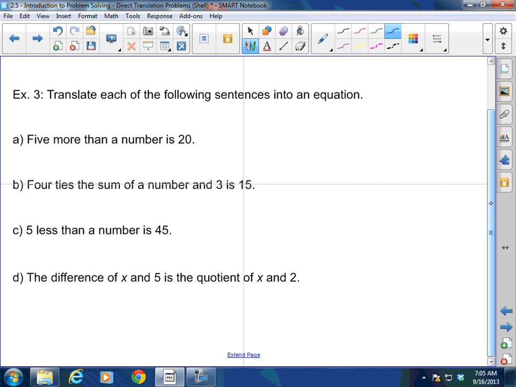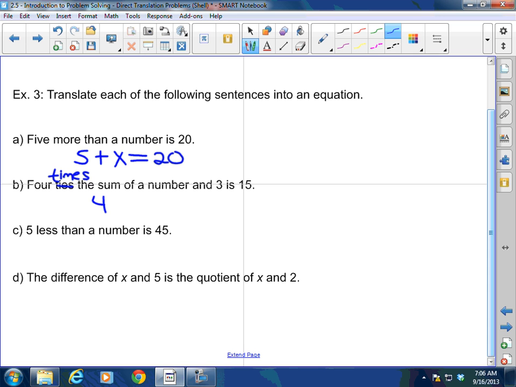5 more than a number is 20. Well, 5 more than a number, is means equals 20. 4 times the sum of a number and 3 is 15.